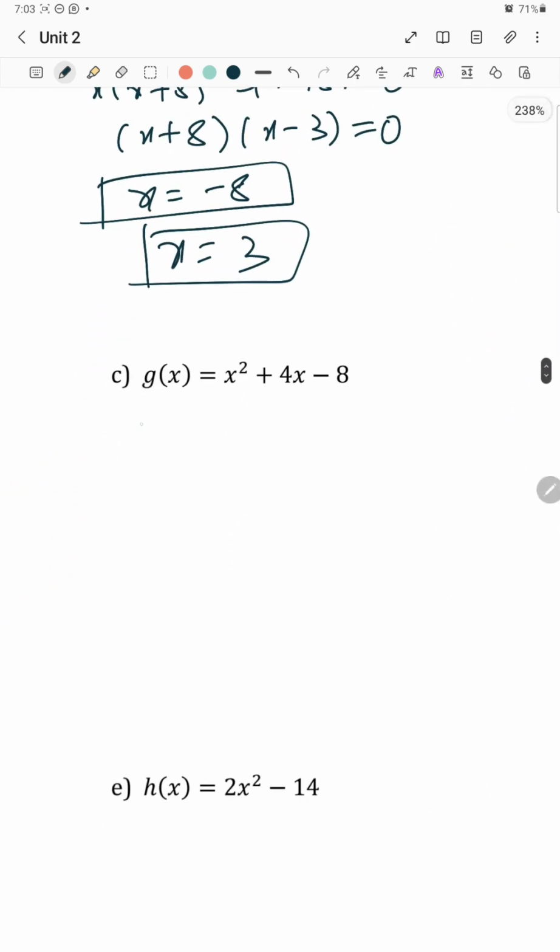x squared plus 4x minus 8 doesn't factorize, so we will go for the quadratic formula.